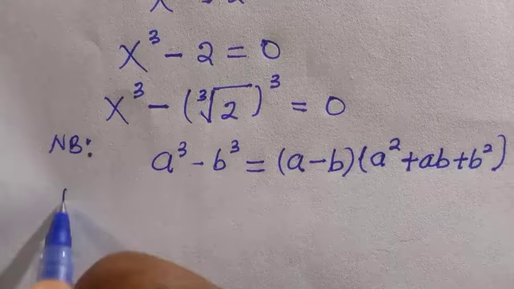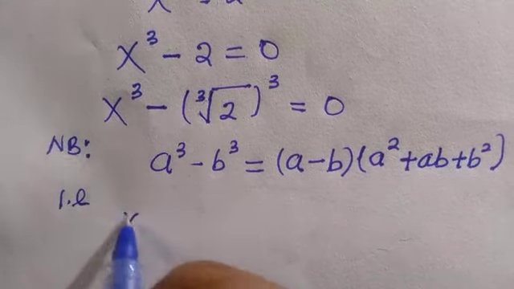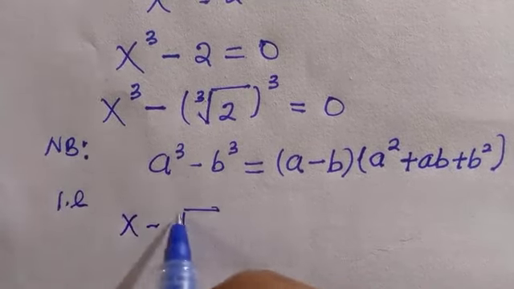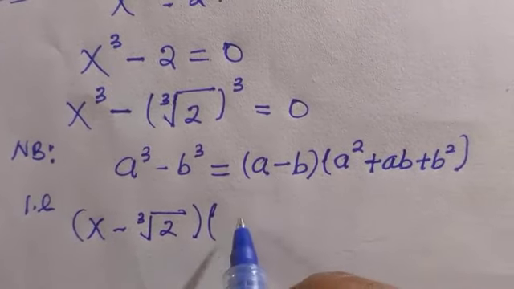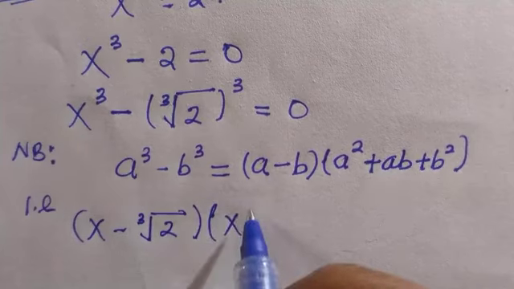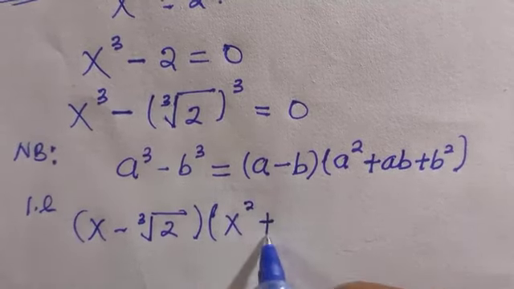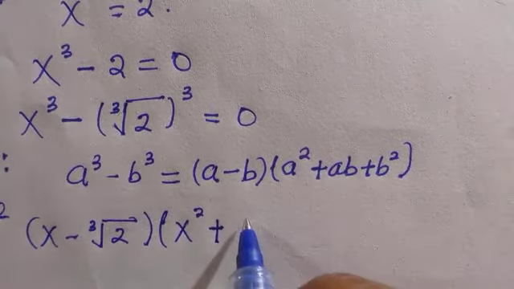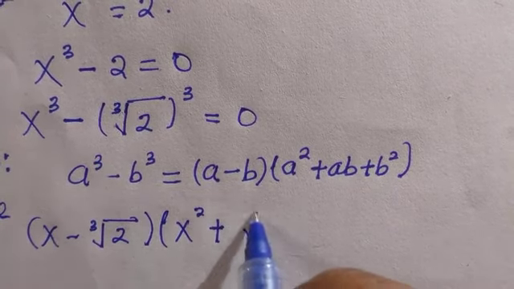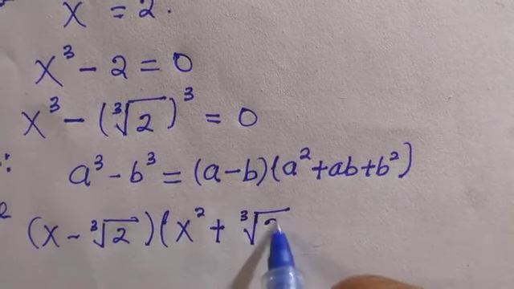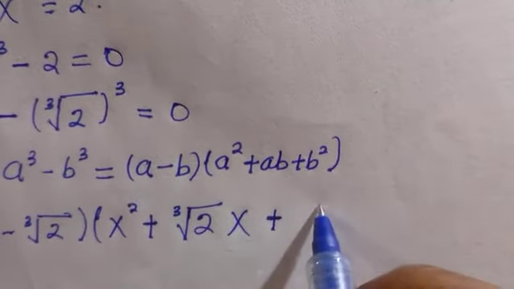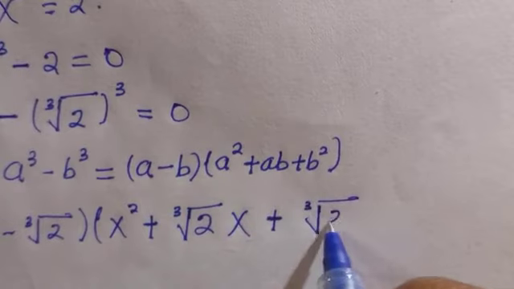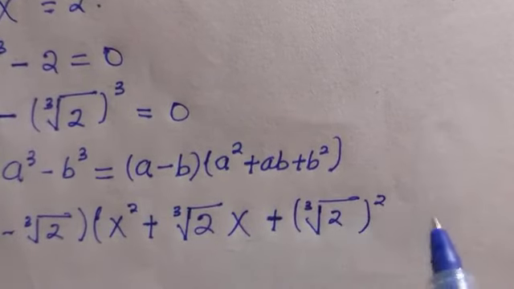By replacing it here, we have x minus cube root of 2 bracket, while the second one is still x squared plus cube root of 2 times x plus the last one, which is cube root of 2 all squared.